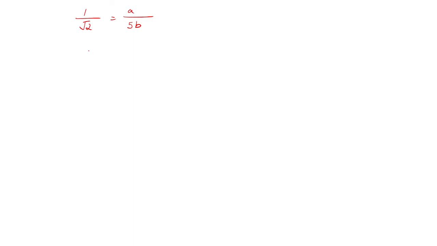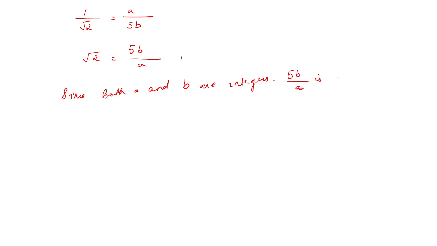When you reverse that, you can write this as root 2 equal to 5b by a, where 5b becomes the numerator and a becomes the denominator. Now, since both a and b are integers, it goes to say that 5b by a is a rational number.